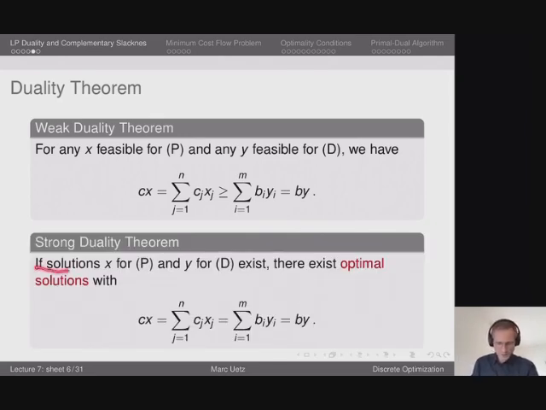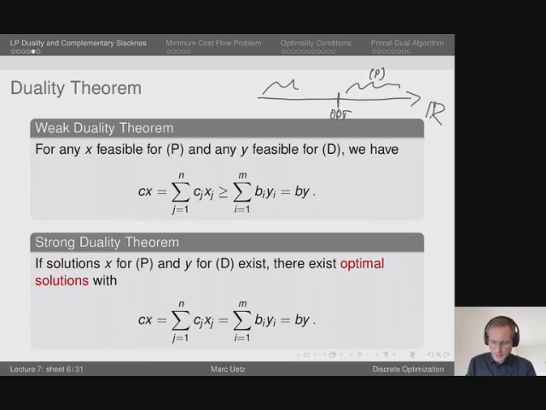So if a feasible solution exists for the primal and also for the dual problem, then there exist optimal solutions for both problems, for primal and dual, such that we achieve equality in the above inequality here. And that's the strong duality theorem. Okay, so that means if I repeat my same picture again, I have all the objective function values of the primal problem, which was a minimization problem here.